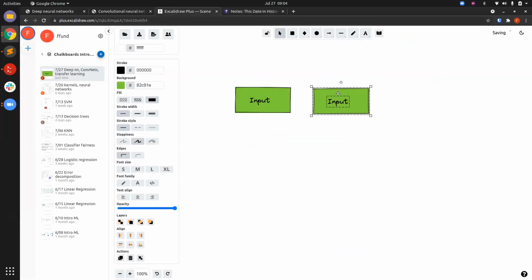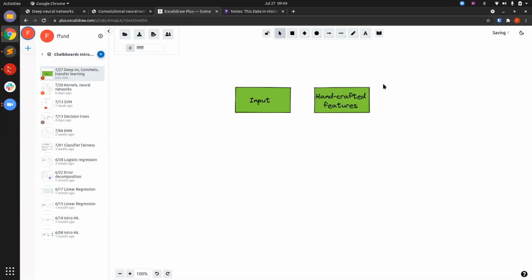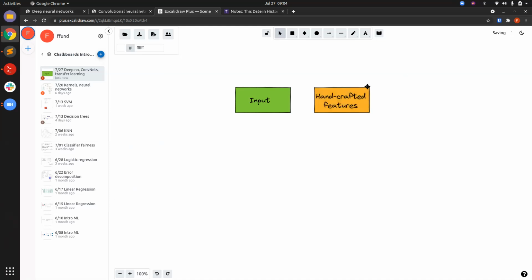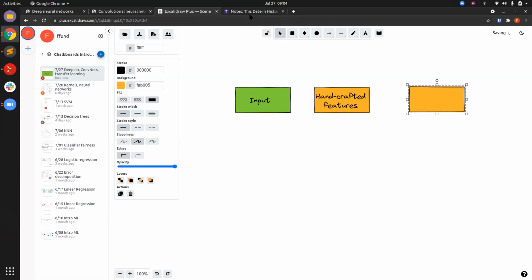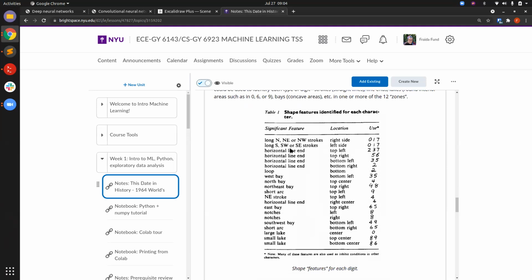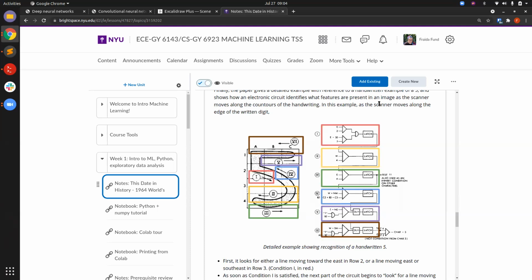The designers of this algorithm explicitly handcrafted rules for extracting features from the image. So these are handmade features. After extracting the handmade features, they would then apply handmade rules for determining which combinations of features indicated which images. For example, if you saw certain strokes in certain parts of the image, they had a series of logic gates in a circuit for doing the classification based on the feature values.